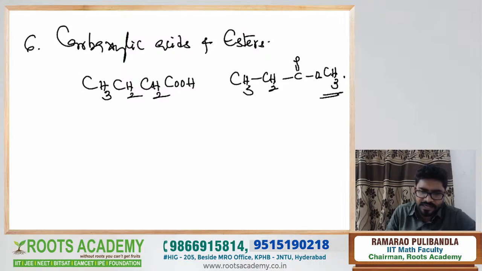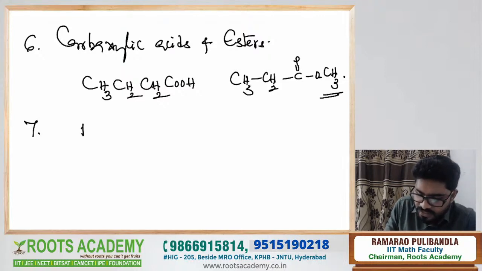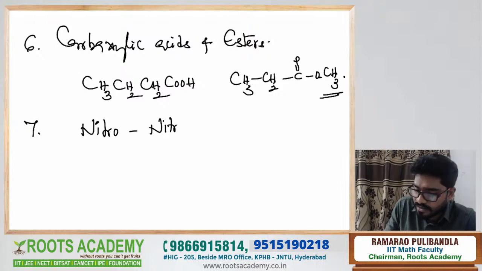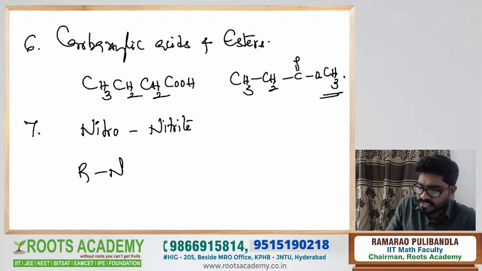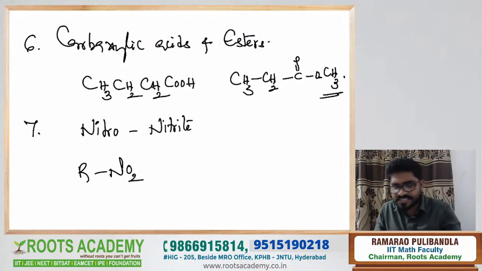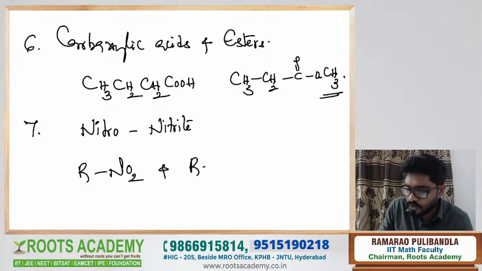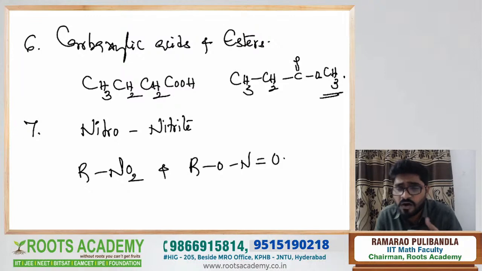Next, nitro and nitrite. Both we can take. The 7th one, nitro groups and nitrite, guys. If it is RNO2, see the connectivity, the nitrogen is connected with the R group, like carbon, and RONO, the alkyl group is connected to the oxygen.